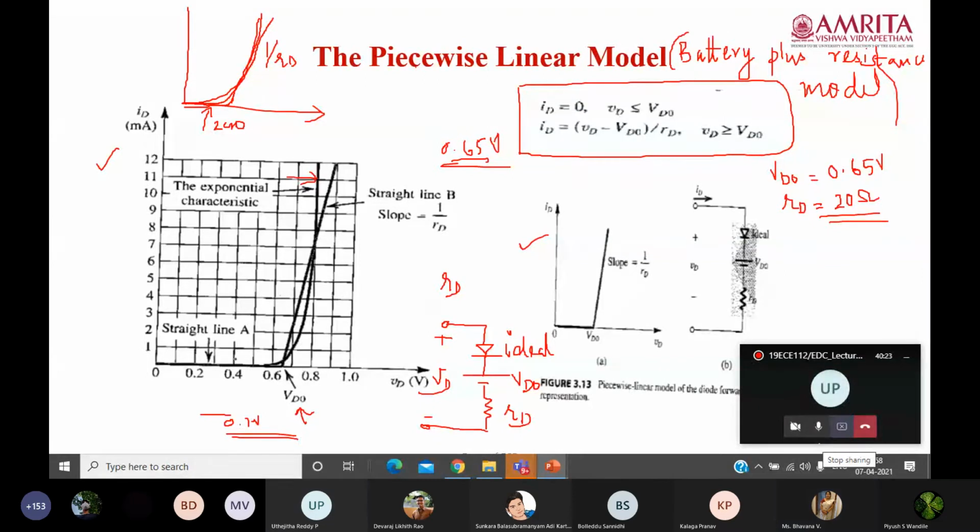Yes, ma'am. The exponential characteristic is approximated by two straight lines. So this meeting point is VD naught, the intercept. Each straight line has a slope. This straight line has a 0 slope and the second straight line B has a slope of 1 by RD. Clear? Yes, ma'am. Take down all the 3 diagrams.